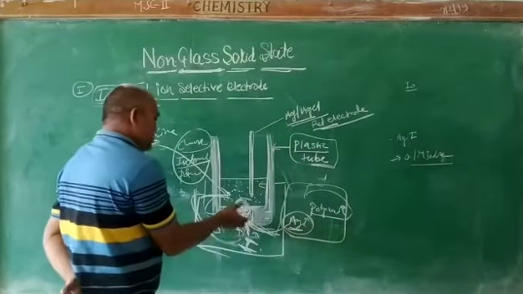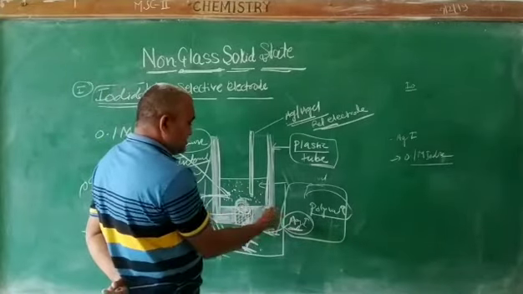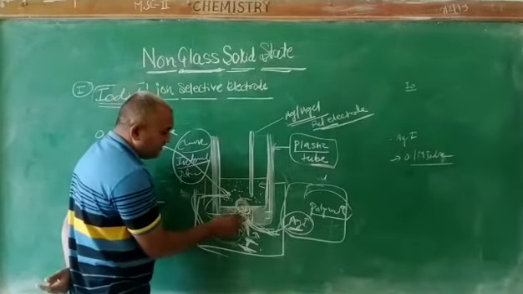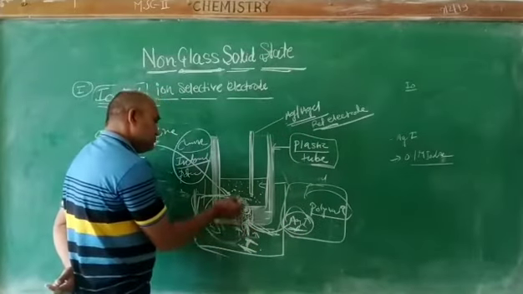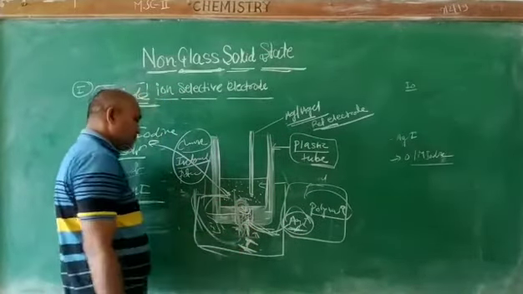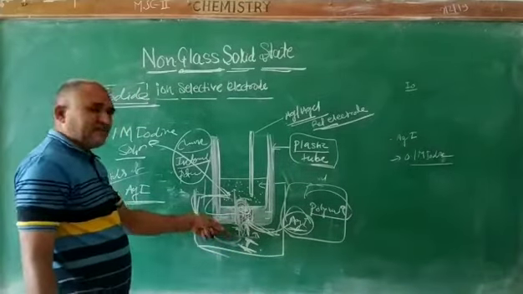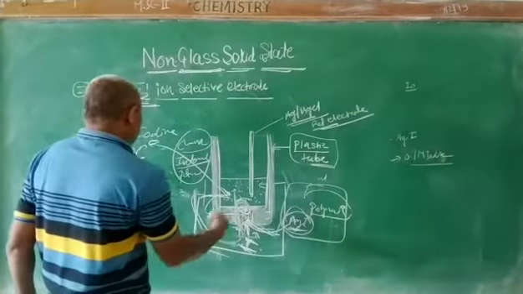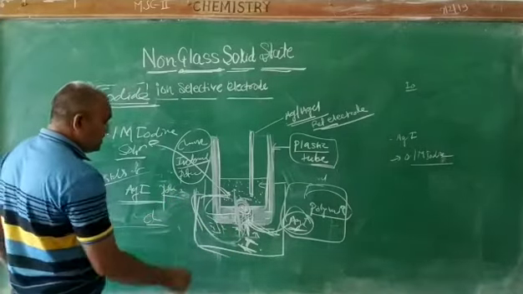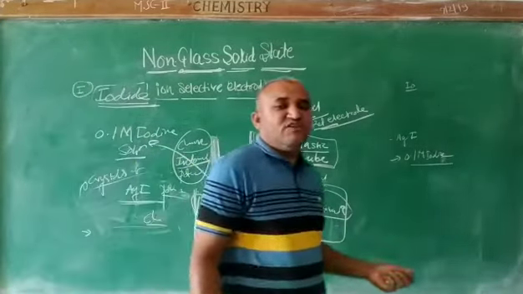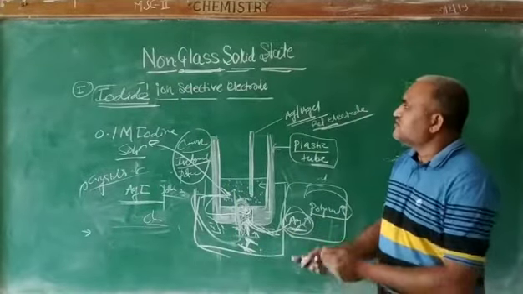Here a strong bond is formed between crystals and polymer, so there is no leakage of any crystals. The exchange between internal and external iodine changes the potential. From the change in potential, we measure the concentration of iodine.